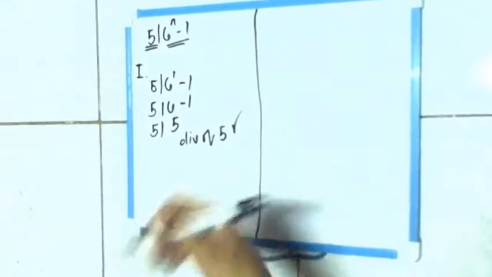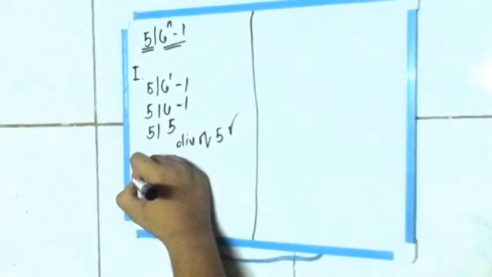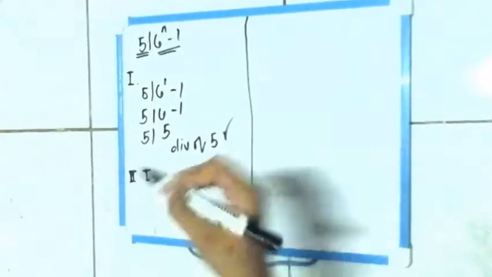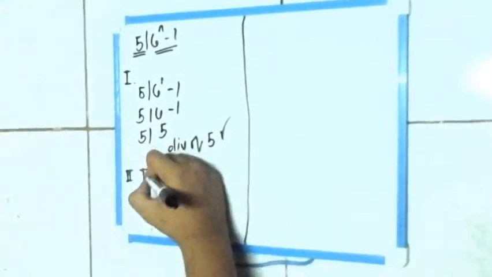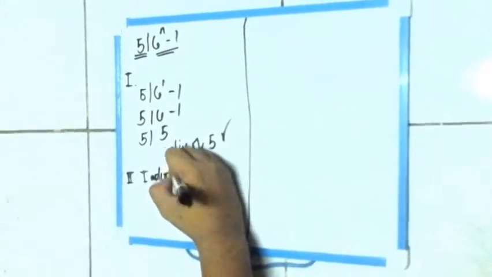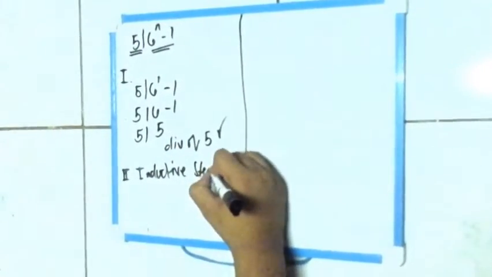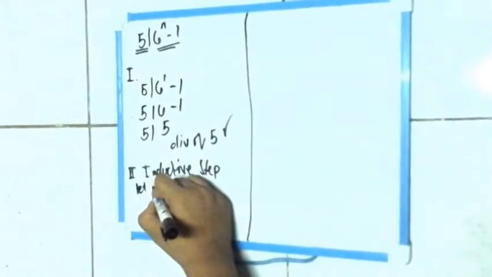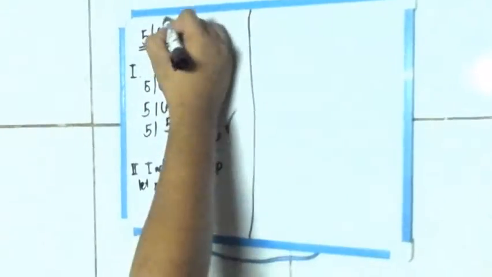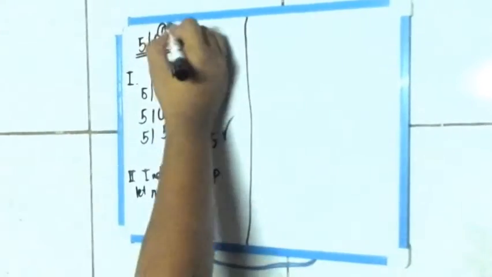Then in step 2, let's have the inductive step. In this step, you need to perform a solution. In the inductive step, first, let n be equal to k. So this n will be turned into a k.